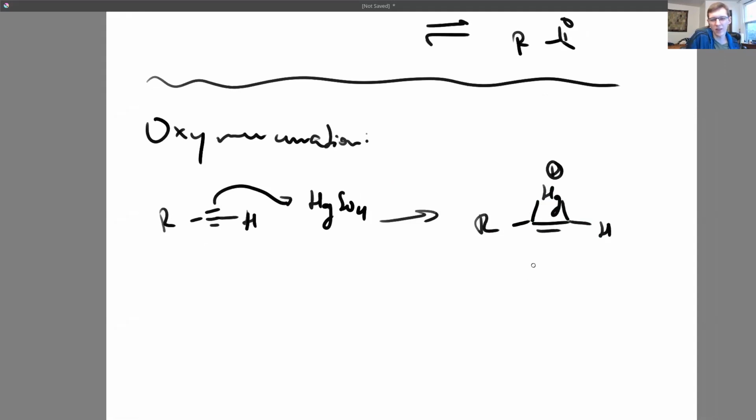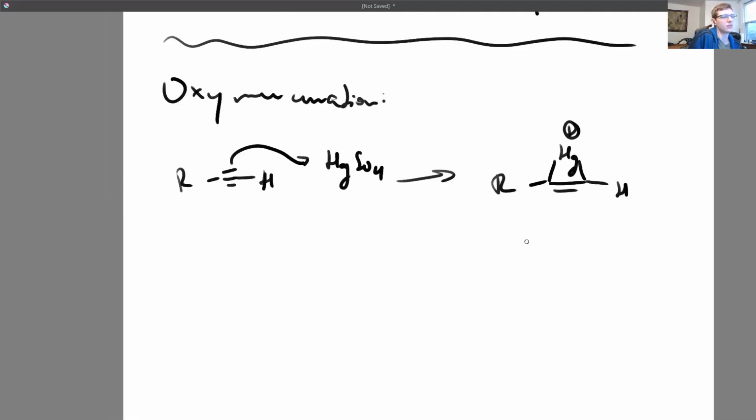So it'll look something like this, right? Then you'll have a water, which will come in here. It'll attack the more substituted carbon because that's the more positive one, right? That's where the positive charge would like to sit more. This positive charge up here.